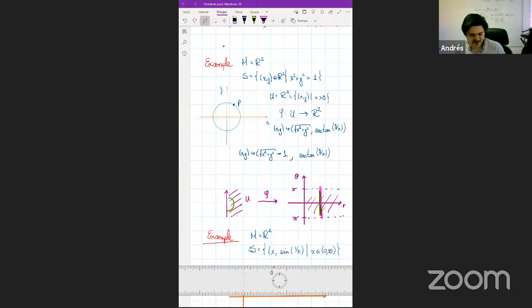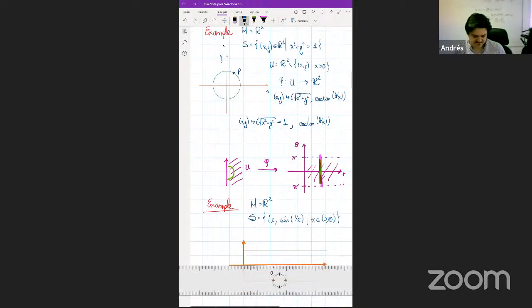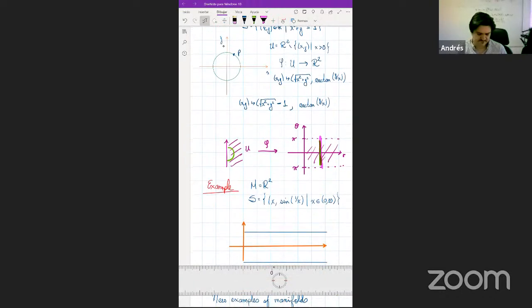You have seen this curve before. Right, so you are between 1 and -1.